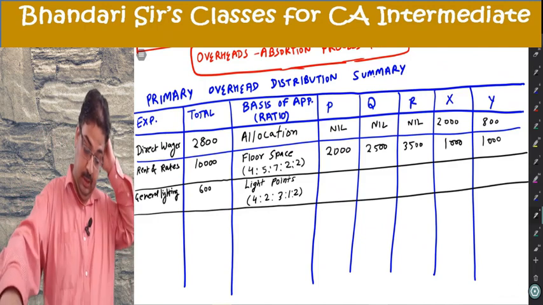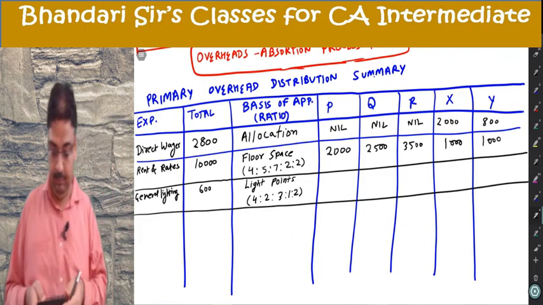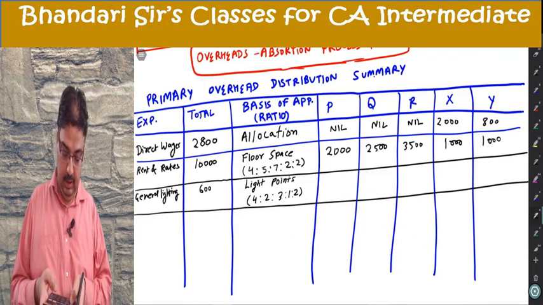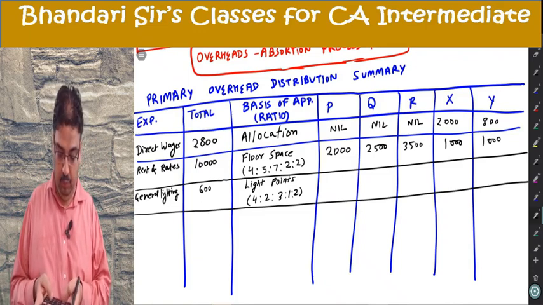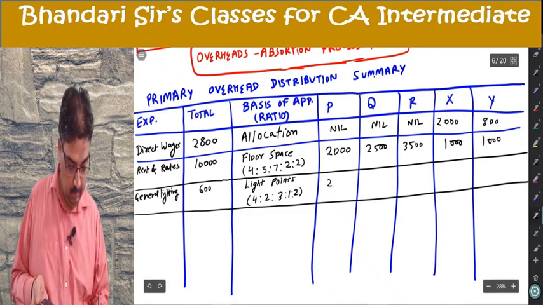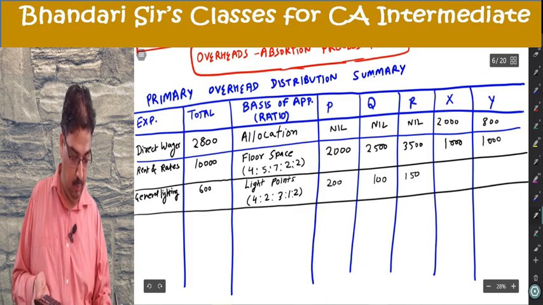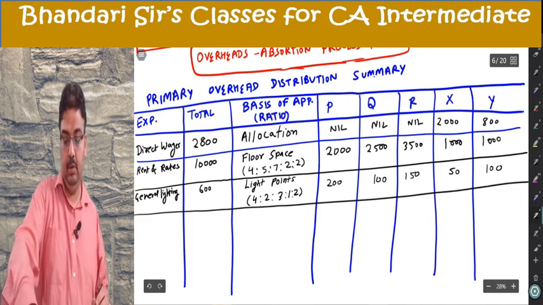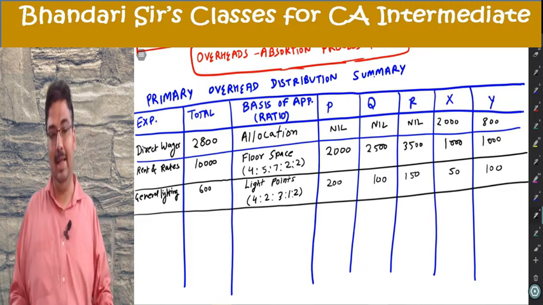So 4, 2, 3, 1, 2 totals 12. 600 divided by 12 into 4: 200, 100, 150, 50, 100. This is general lighting. Next one.